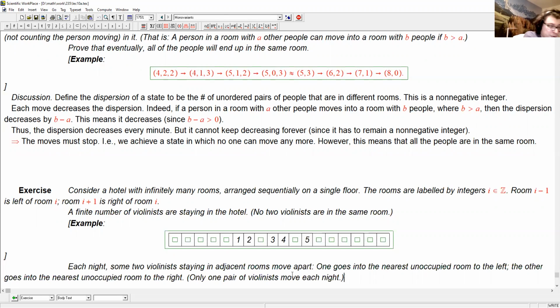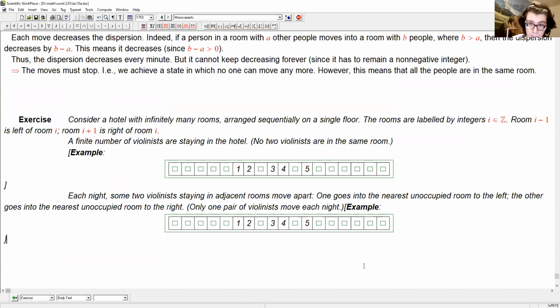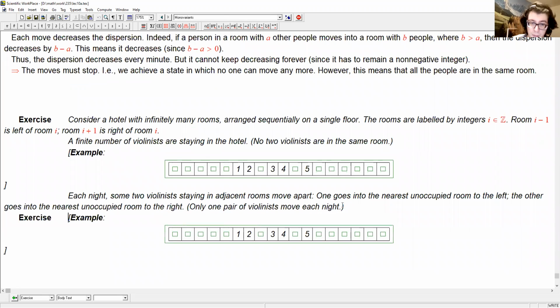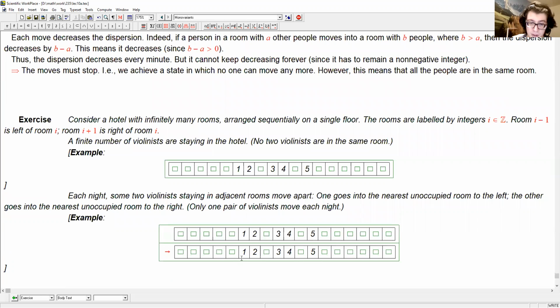So let me show how this acts out on this example. On the first night, either this pair moves apart or this pair moves apart. Let's just look at what happens if this pair moves apart. So 1 and 2 move apart. One goes to the nearest unoccupied room on the left, and the other goes into the nearest unoccupied room on the right. Let's say the first one moves left, and the second one moves right.